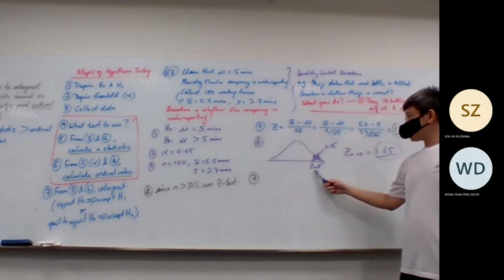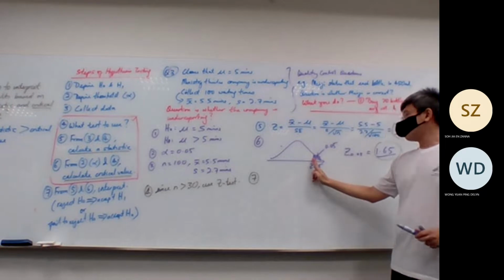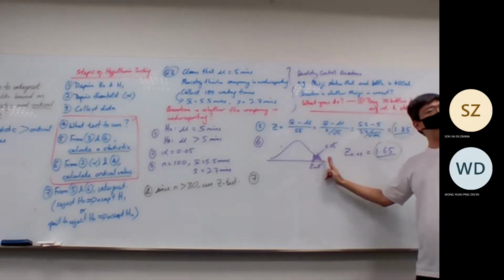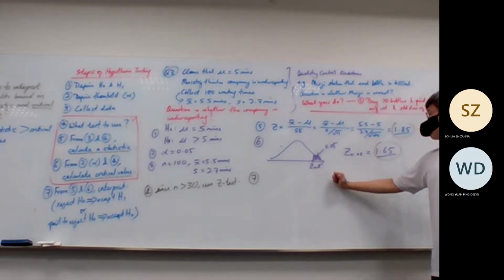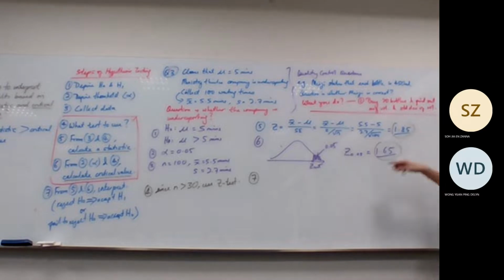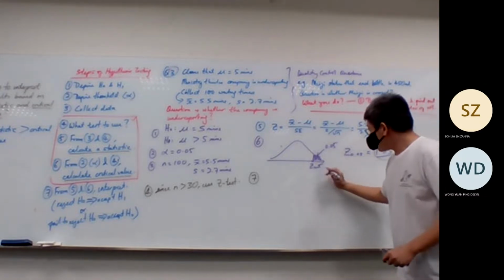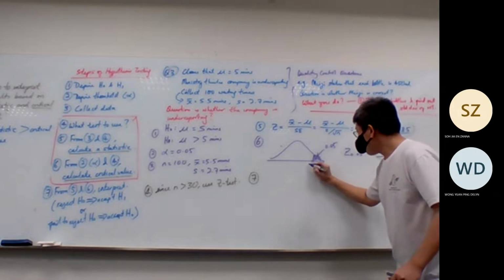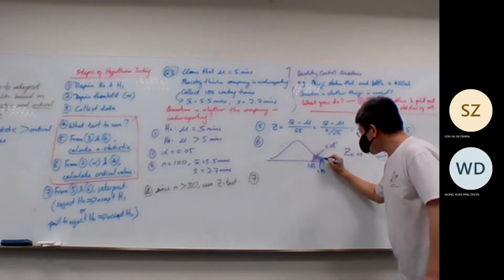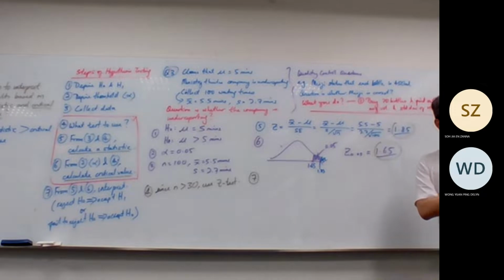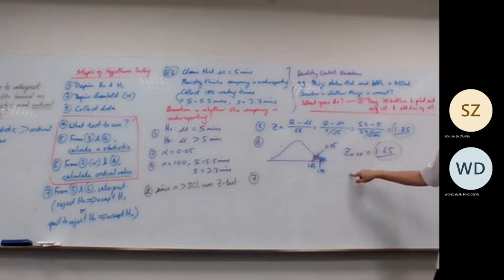If this is the critical value, 1.65, but the statistic is actually at 1.85, do you think the shaded area is more than or less than 0.05? Less than, right? Because it's less than 0.05, the chance of the null hypothesis being correct is less than 5%. So it's actually low.